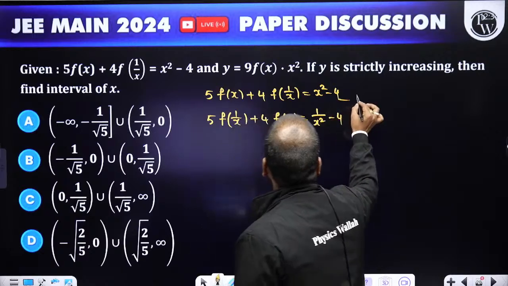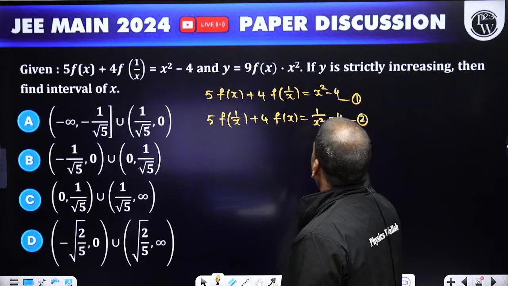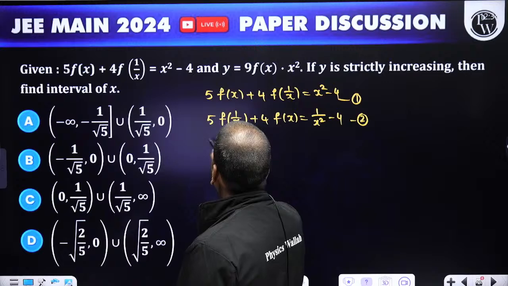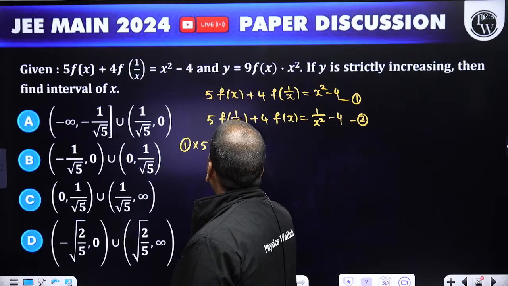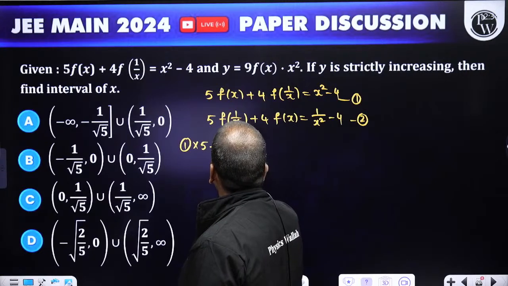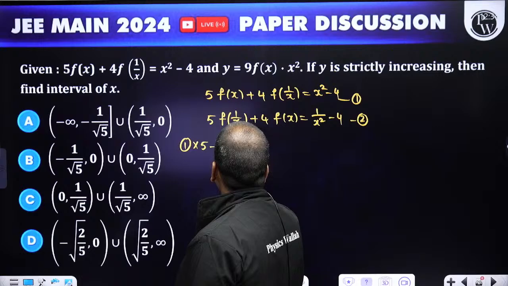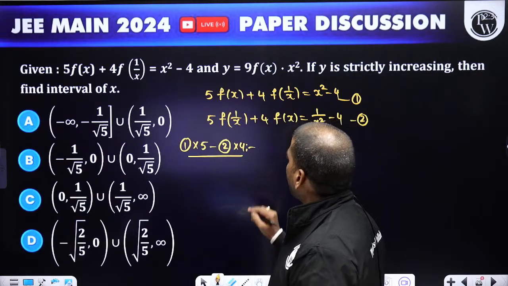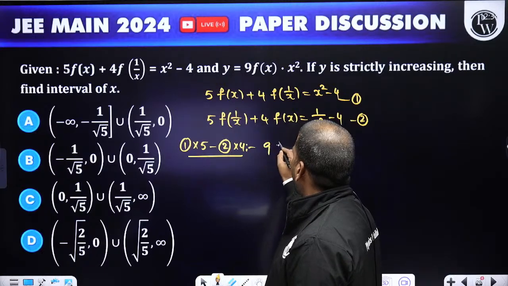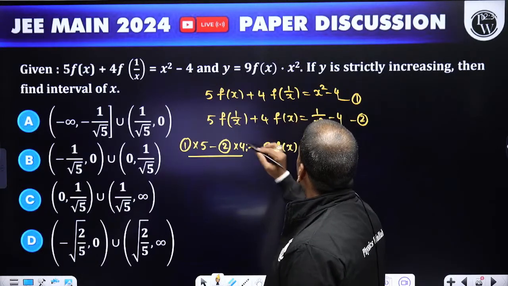So what we do? First equation, second equation, elimination of f(1/x). Equation 1 is multiplied by 5 and the second equation is multiplied by 4 and subtracted. So then what do you get? 5 5s are 25, 4 4s are 16, 25 minus 16, 9 times f(x). These two will get cancelled.